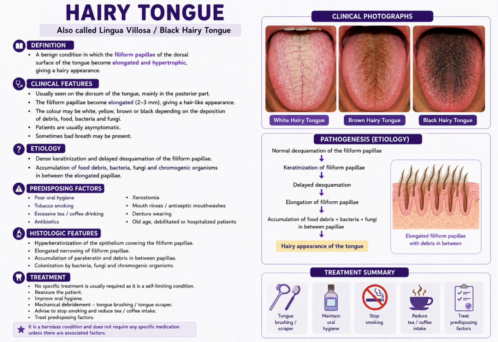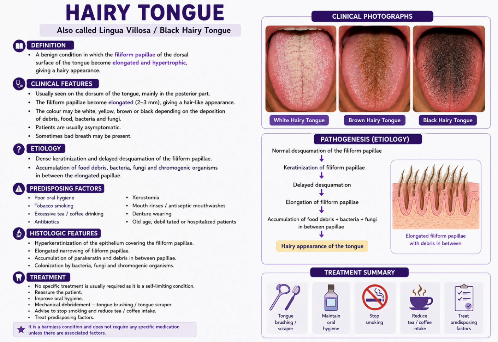Keratin gets deposited, and as a result the filiform papilla gets enlarged. Then food debris, bacteria and fungi get deposited, and that causes a hairy-like appearance, which is called the hairy tongue. So the keratin deposited in the filiform papilla gives the tongue a hairy-like appearance.